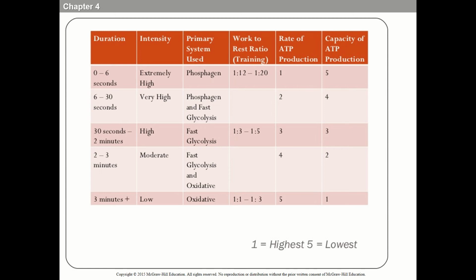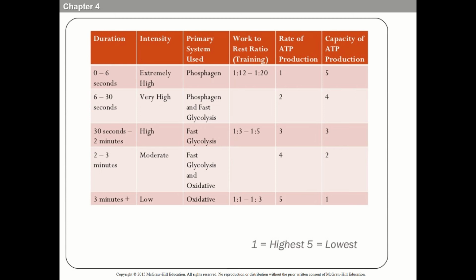Next thing that I want you to be somewhat aware of is the work to rest ratio. This is important, especially if you're ever a track coach or if anyone's on track. The idea behind these different energy systems is we can train them, and there's a particular work to rest ratio with all of these that seems to be the most optimal, give or take.